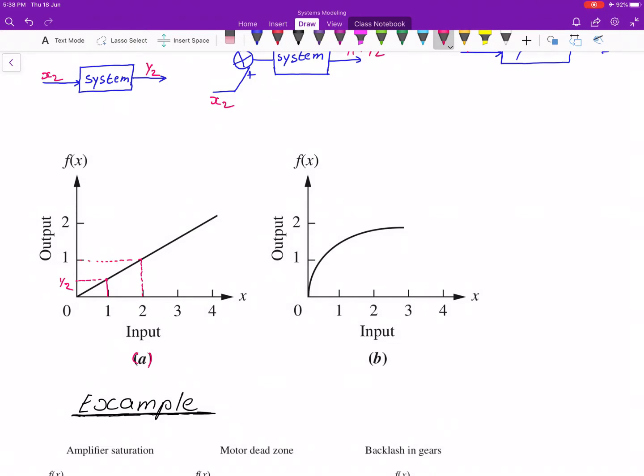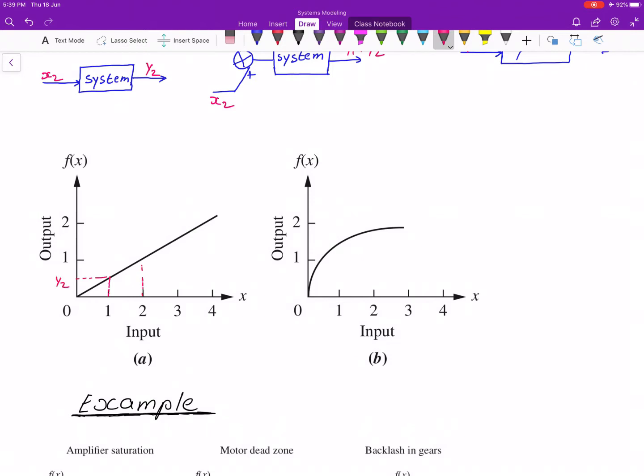So let's test the linearity and superposition on this diagram. Using superposition, inputs of 1 and 2 will yield an output that is the sum of the two individual outputs. If the input is 1, the output will be a half.